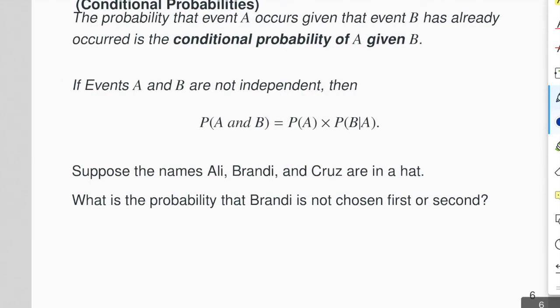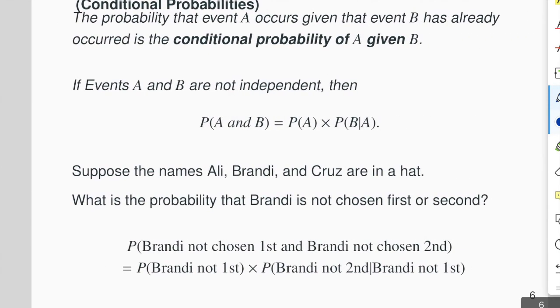So now we can think about having our names in the hat and looking at what is the probability that she is not chosen first or second. We just calculated our conditional probability here, that Brandy is not second, given that she wasn't first, to be 1/2.